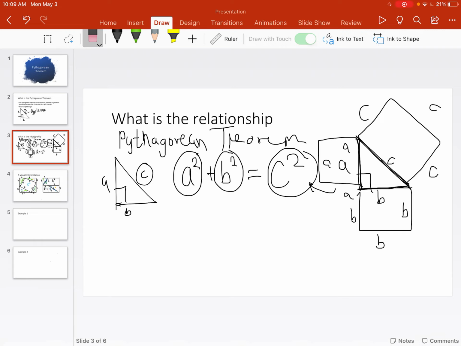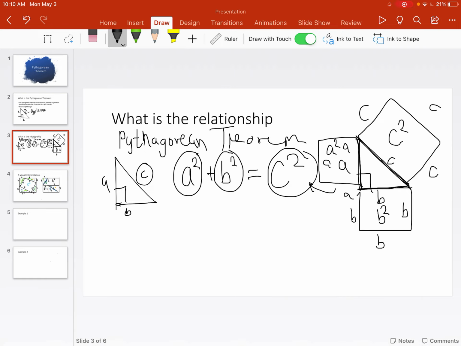So, looking at this, going back to the diagram, if you look at this, what's the area of this square? Well, it's just C squared. The area of this square is what? B squared, because it's got side lengths B. And same for this one, it's A squared. So what is this saying?